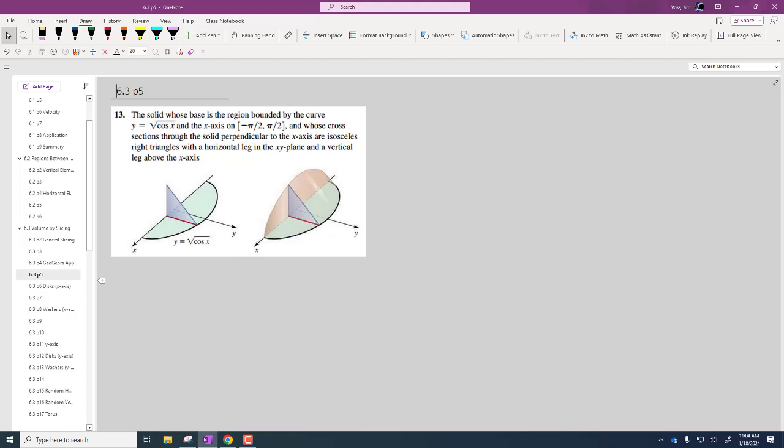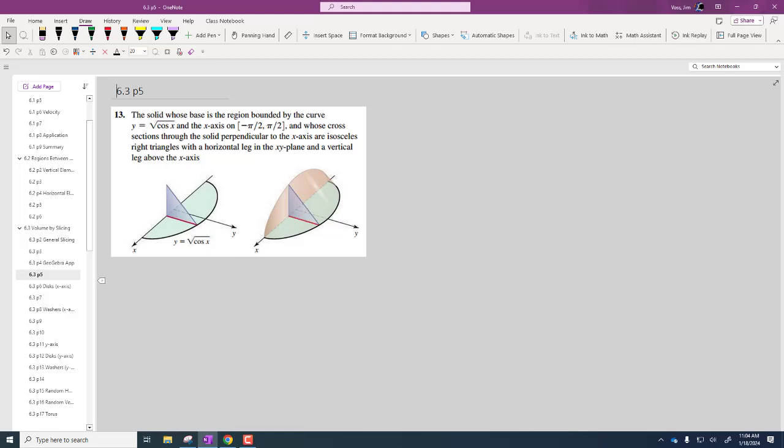So we have this base region, the square root of cosine x right there, and the x-axis, and we have our interval from minus pi over 2 to pi over 2. And the cross sections through the solid are perpendicular to the x-axis, and they are isosceles right triangles.